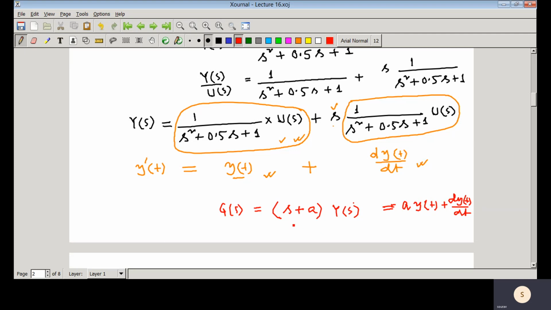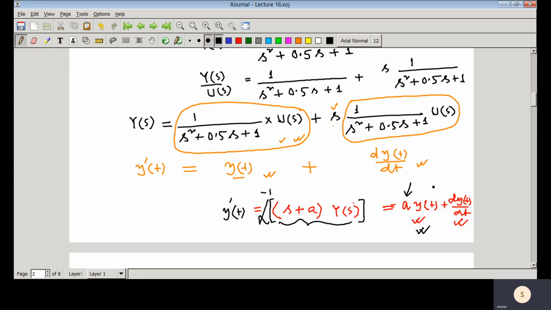If we multiply, it is a into sY(s), that is the derivative, and a into Y(s), whose inverse Laplace transform is a y(t). So the response that you would have, y dash t, once you introduce the 0 to the transfer function, is a y(t) plus dy(t) by dt. So this a is the 0.